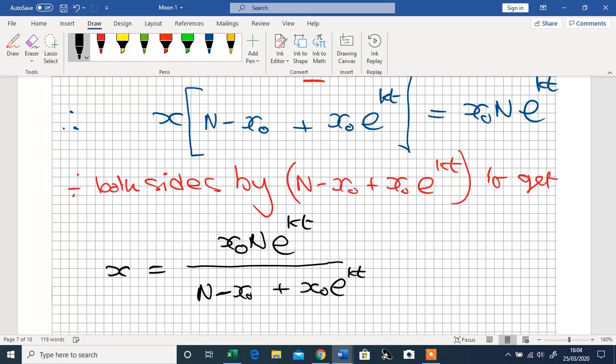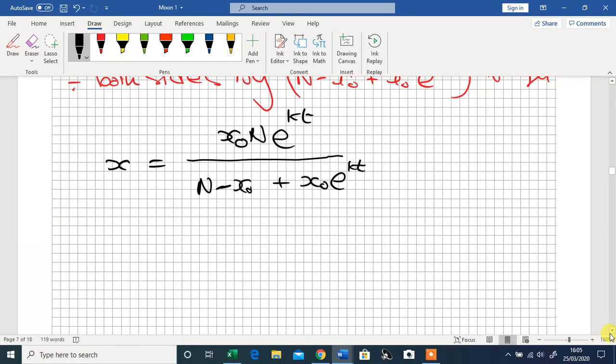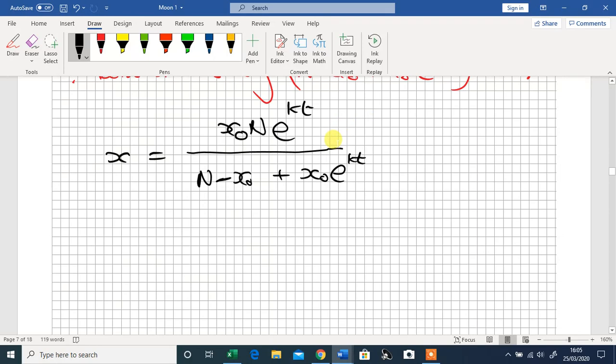Now you could leave it like that, but it's a bit messy as it stands, because if we can, we only want one exponential term in this whole expression. We don't want two. It just makes the working harder when you try to work everything out.